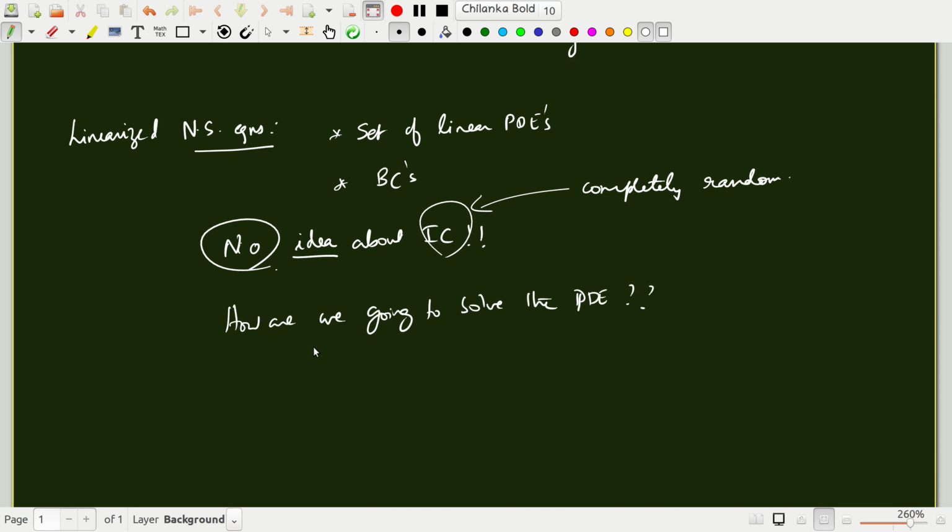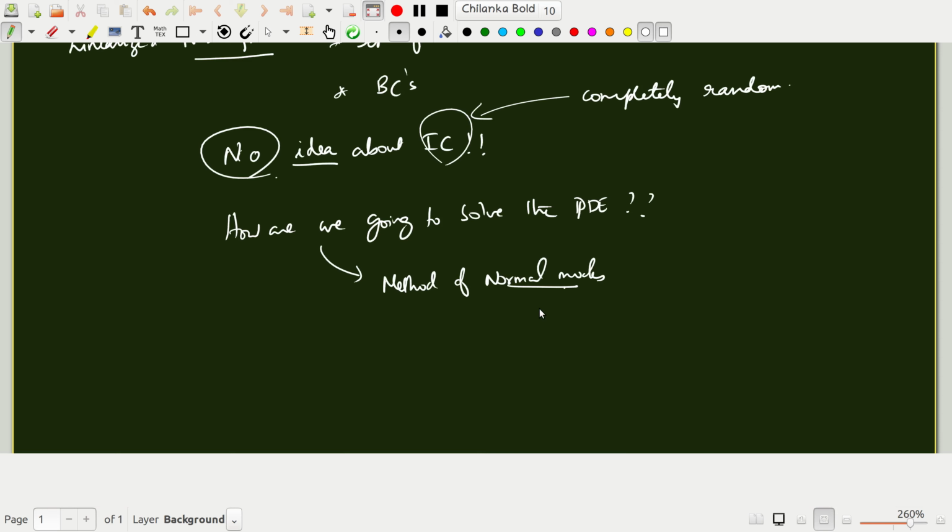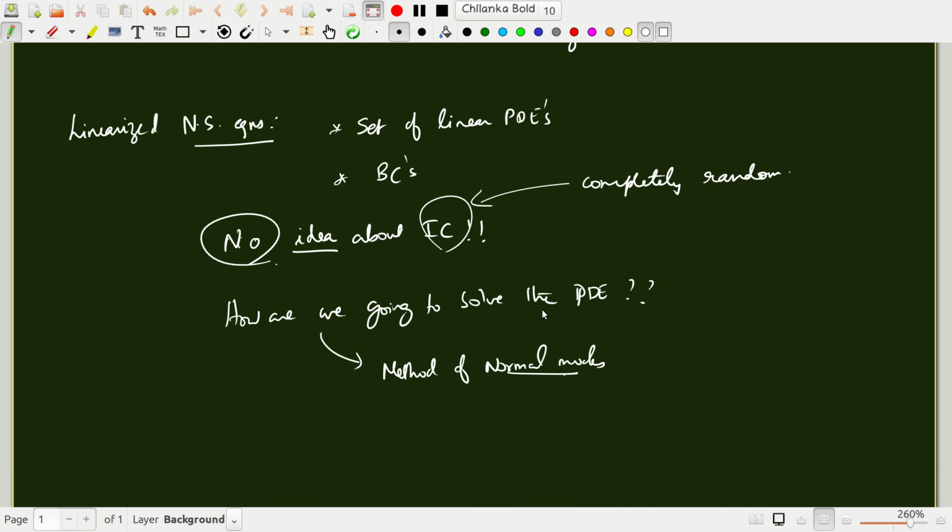Here is where the method of normal modes comes in. Because we don't have a knowledge of the initial condition, we will completely get away from the hope of solving the problem with a specific initial condition.